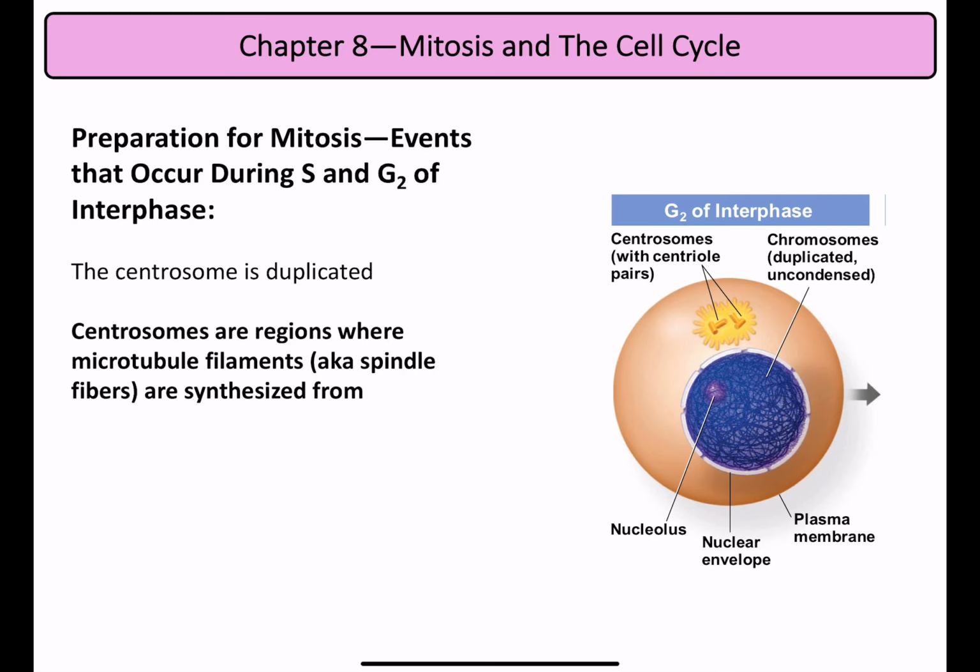So they're going to give rise to this huge structure called the mitotic spindle that's going to do that for us. Another term for these microtubule filaments is spindle fiber. So if you ever hear me say spindle fiber, it means the same thing as microtubule filaments. My point here is that the centrosome duplicates itself during G2 in preparation for mitosis.